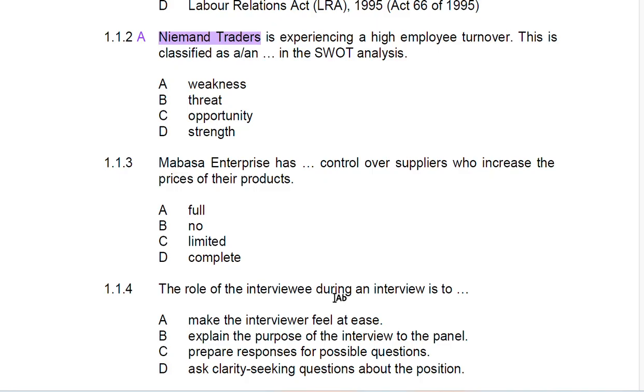The next question that follows is 1.1.3, and 1.1.3 says Mabasa Enterprise has control over suppliers who increase the price of their products. So Mabasa has control over suppliers who increase the price of their products.